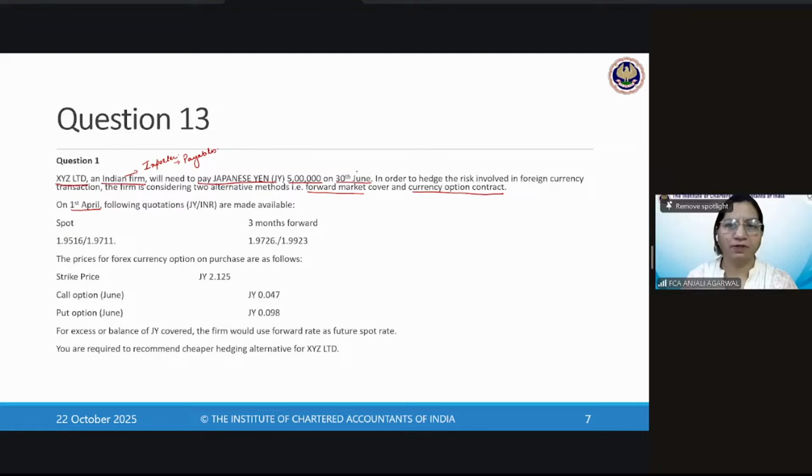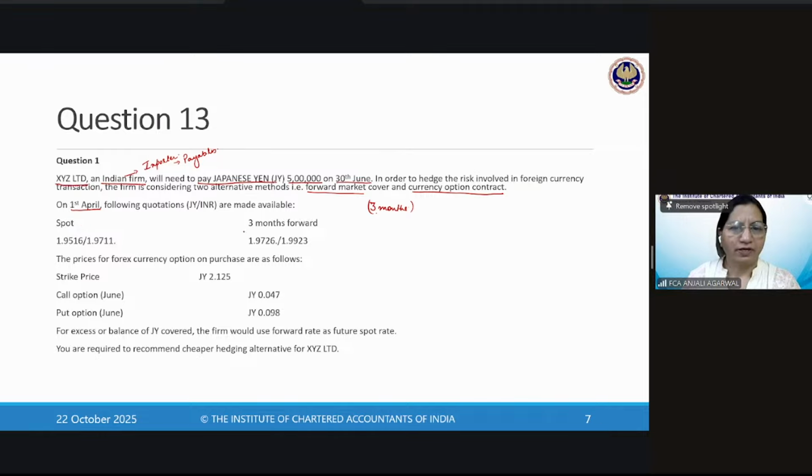Now from 1st April till 30th June, we have 3 months. So we are going to cover our exposure for the next 3 months. Payables after 3 months. So if it is a forward rate, we want to look at a forward rate for up to 3 months. And if it is an option, we are looking for an option for 3 months.